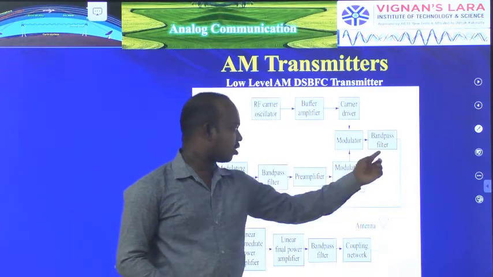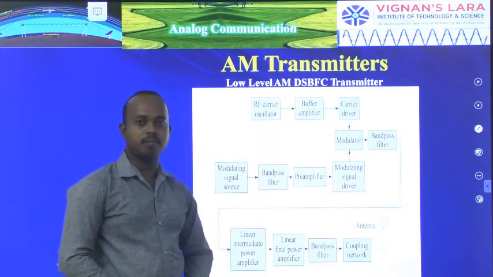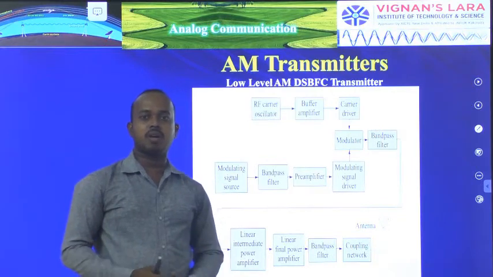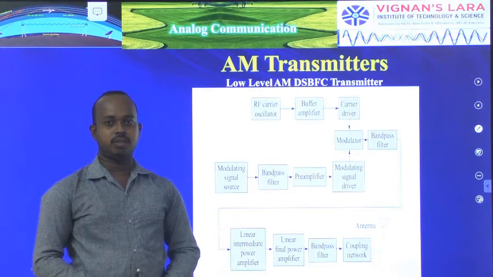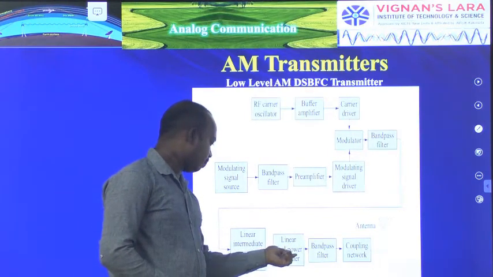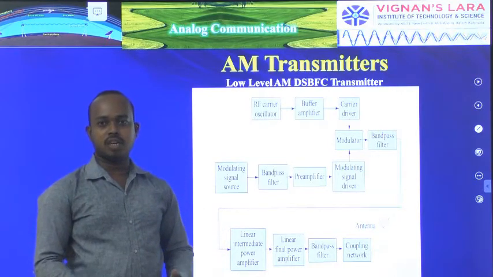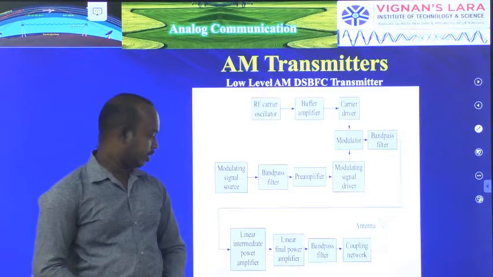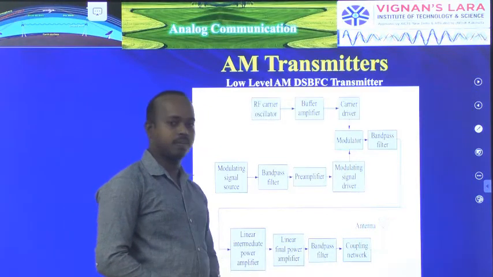The signal is assigned to the linear intermediate power amplifier, which gives a linear increment in power. Then it is assigned to the linear final power amplifier. If the power is not sufficient, you can further improve the power by using the linear final power amplifier.